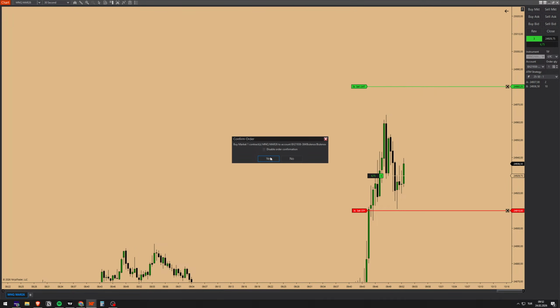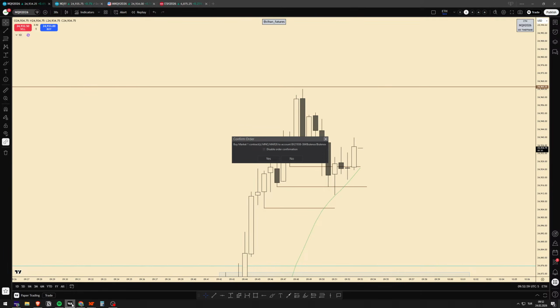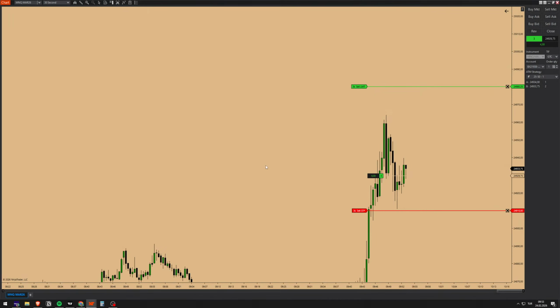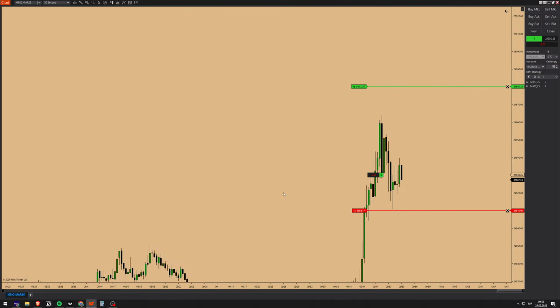I'm waiting for candlestick closure. Okay, it closed. I won't add another one. I believe this size is big enough.